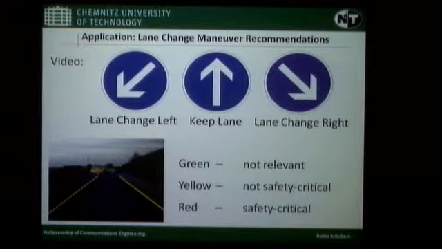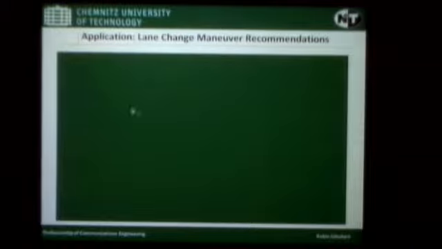In that video you will see the camera images overlaid with the detected entities, in particular the lane and the detected vehicles. And you will see the recommendation given to the driver, encoded by this traffic sign over here: keep lane, lane change left, lane change right.